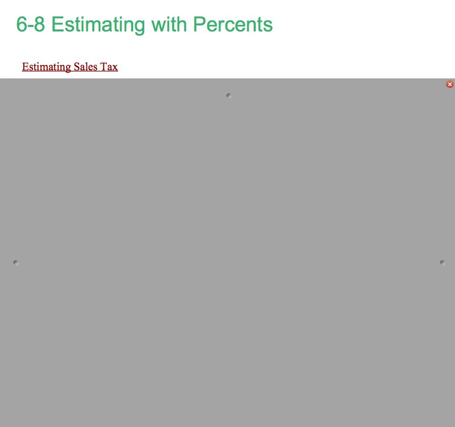We are going to be estimating sales tax. Now, for those of you that may be wondering, what is sales tax? Basically, the state of Minnesota decides that to pay for roads, to pay for lots of things that they provide for us, they have this tax.